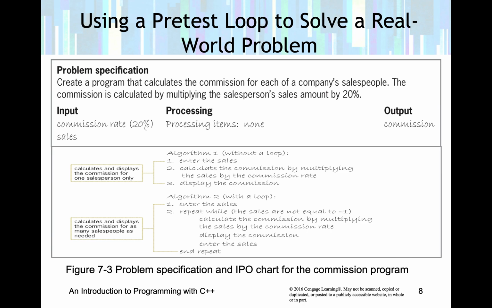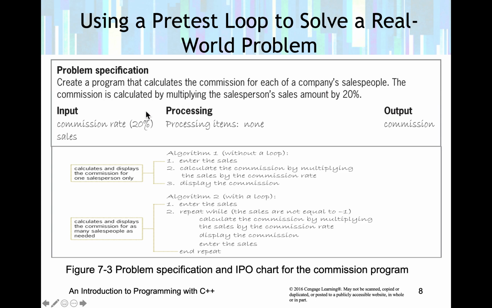So here's a problem: we want to create a program where the user enters the sales for many different salespeople in a company, and the program calculates the commission.